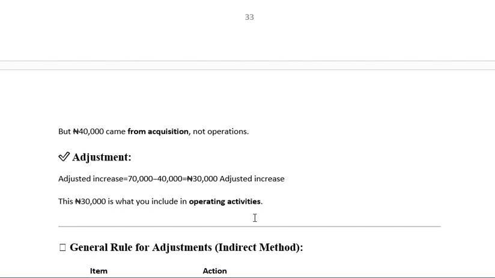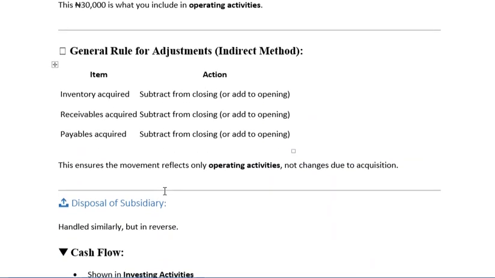So this 30,000, that's that. Now the general rule is that when inventory is acquired, you subtract the inventory from the closing balance. That is closing inventory minus opening inventory minus additional inventory acquired.